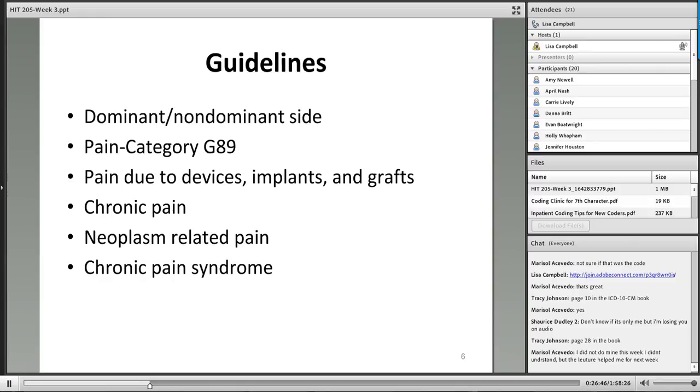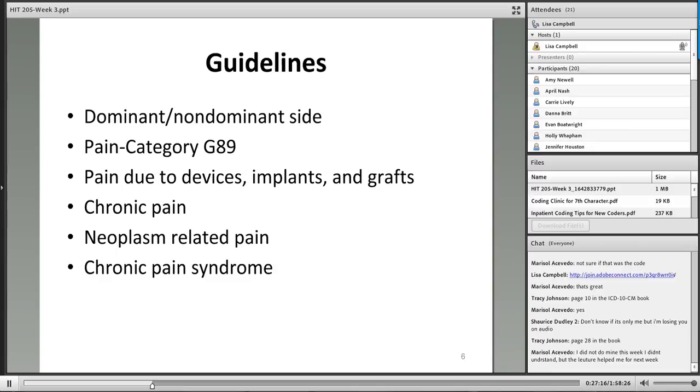So codes in category G89, pain not elsewhere classified, may be used in conjunction with codes from other categories to provide more detail, and here's what's key: acute or chronic pain and neoplasm-related pain unless otherwise indicated below.